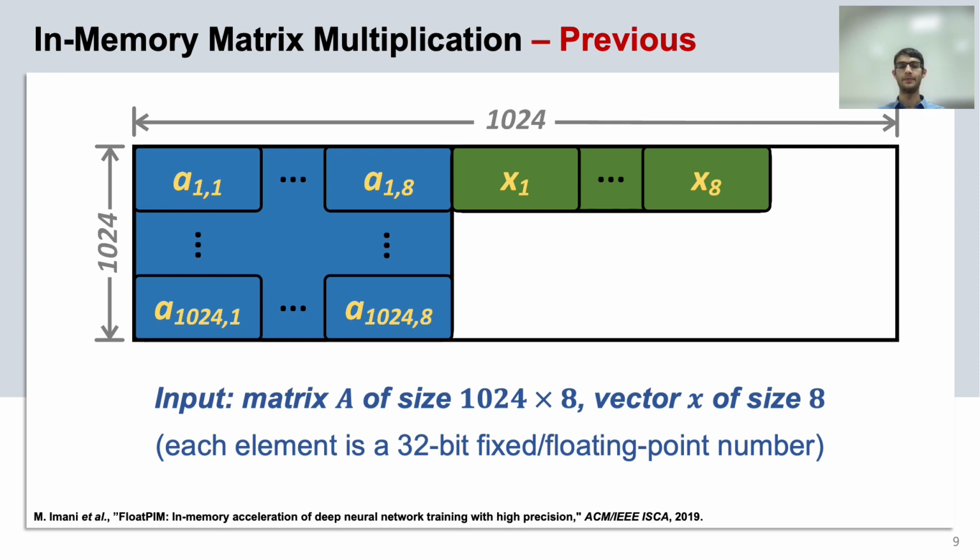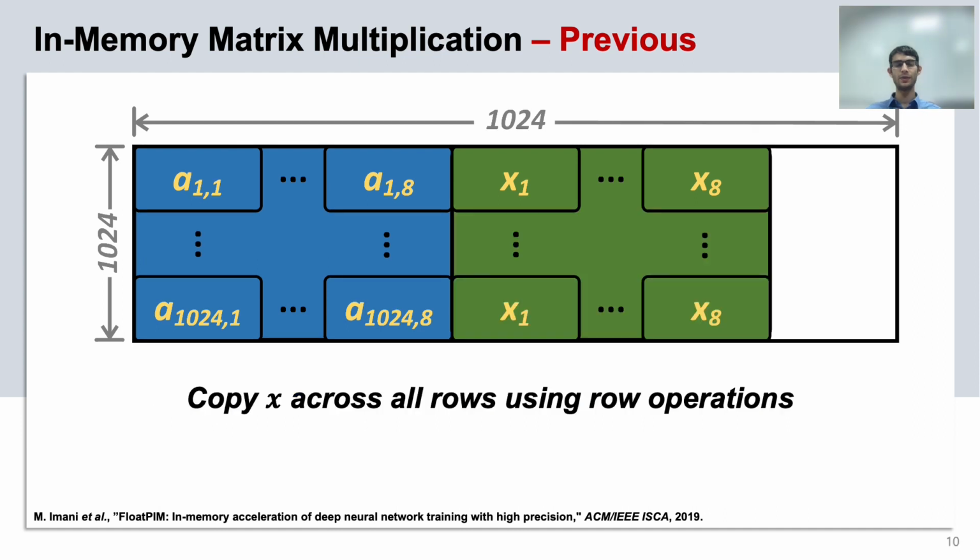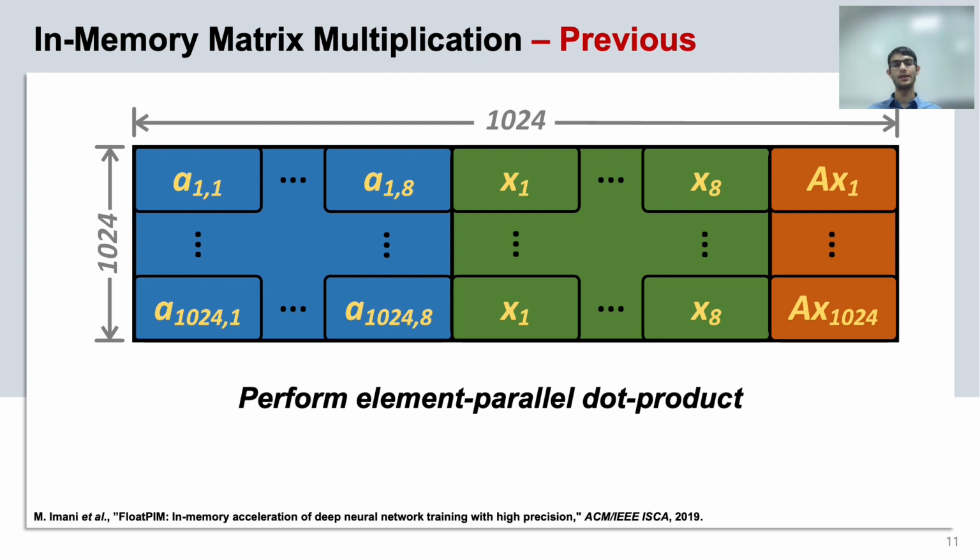The basic idea for this matrix multiplication starts by taking X and duplicating it across all rows. And then we compute an element parallel inner product, where essentially every row takes its row from A and its copy of X, computes their inner product, and stores it as the number at the end.